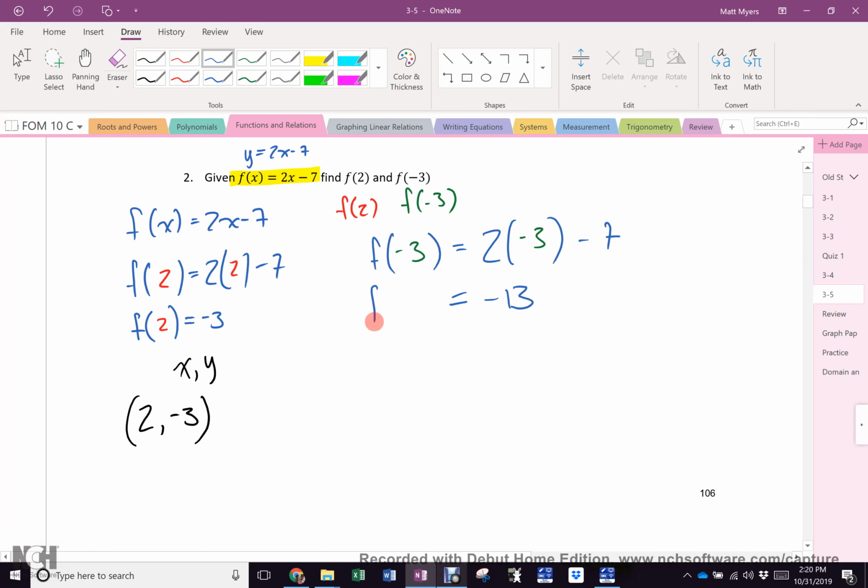Negative 13. So the f of negative 3 is negative 13, yes? So what is the xy value that would go on the graph? Negative 13.